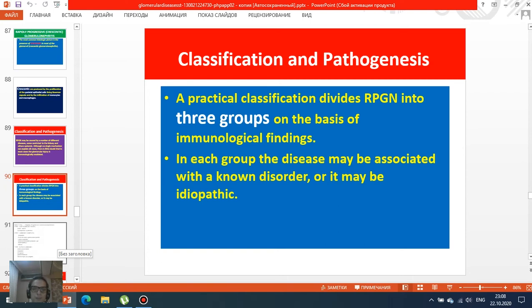A practical classification divides rapidly progressive glomerulonephritis into 3 groups on the basis of immunological findings. In each group, the disease may be associated with a known disorder or it may be idiopathic.